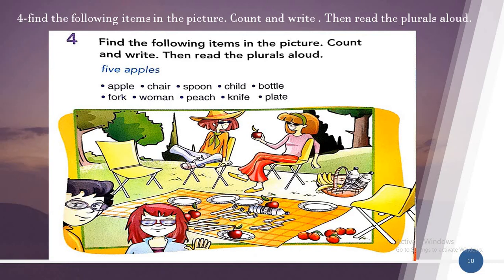Excellent. How many children? 2 children. Good. 3 bottles. 4 forks. Well done. 2 women. 6 peaches. 4 knives. And the last one is 5 plates.